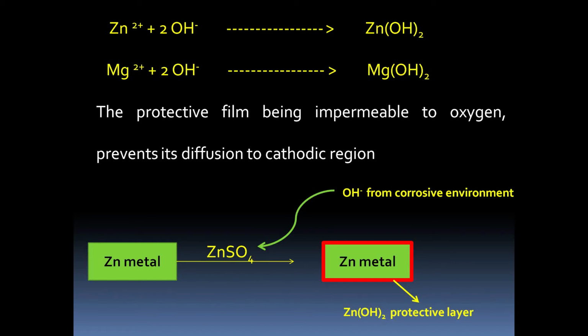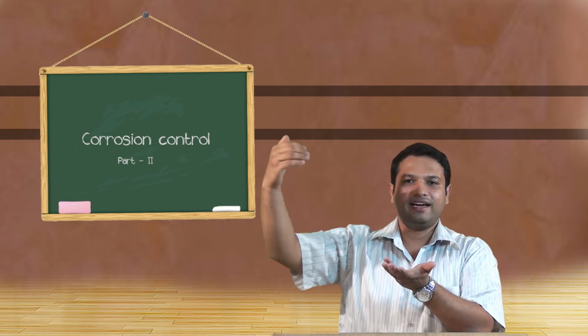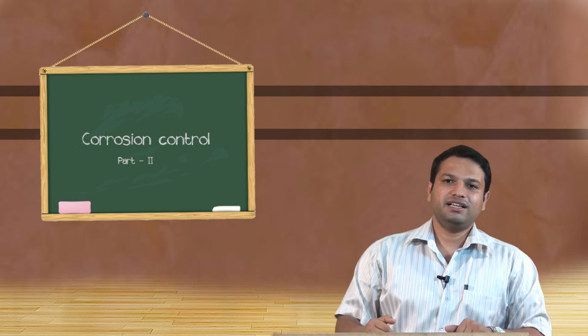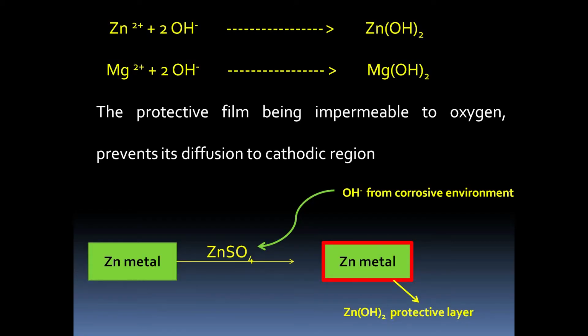The iron or zinc which has to be protected, you can dip in the zinc sulfate, and whatever hydroxyl ion is present in the corrosive environment will react with the zinc sulfate and form zinc hydroxide. This zinc hydroxide forms a protective layer on the metal which has to be protected. Now this metal is not exposed to the environment, hence that protective layer is inhibiting the surface from being exposed to the environment, hence the corrosion is stopped. So this is the way we are going to protect it.